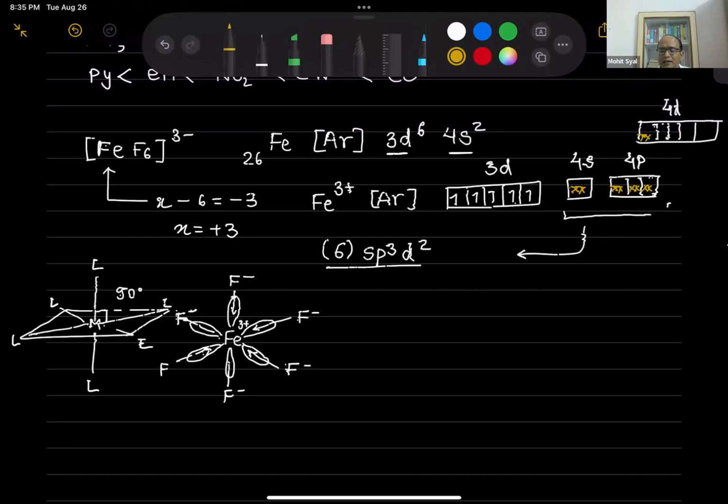I am putting these yellow crosses to show you the pairs of electrons which were donated by F minus into the empty orbitals of iron 3 plus, leading to the formation of FeF6 3 minus. Got it? The hybridization is sp3d2.